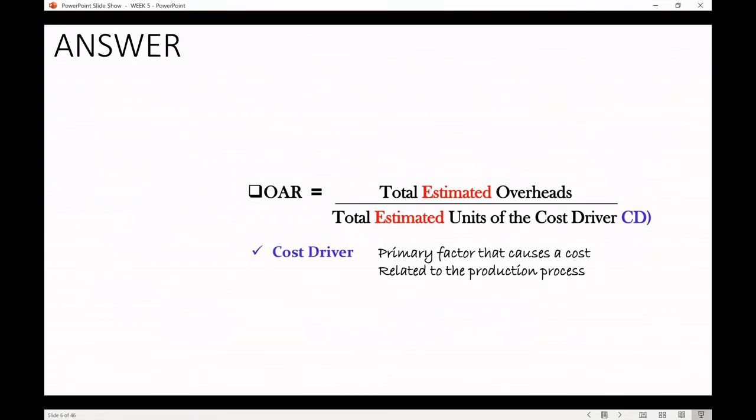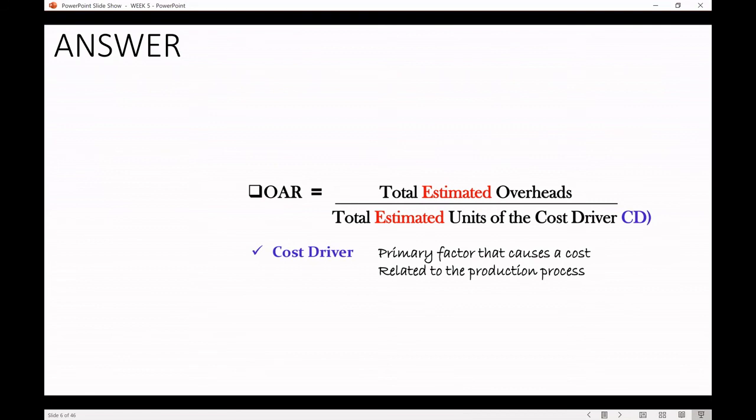So our formula for our overhead absorption rate or predetermined rate is total estimated overheads, the same as total budgeted overheads, divided by total estimated units of the cost driver, right?